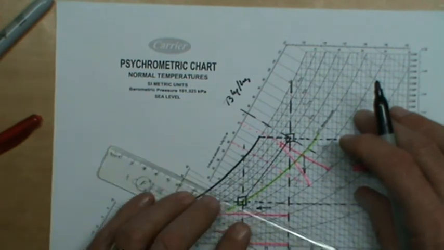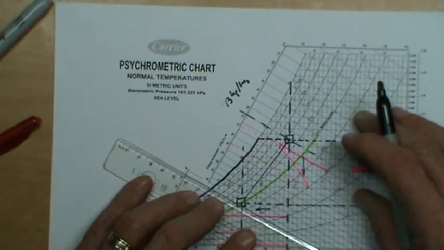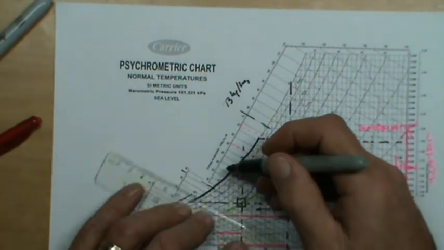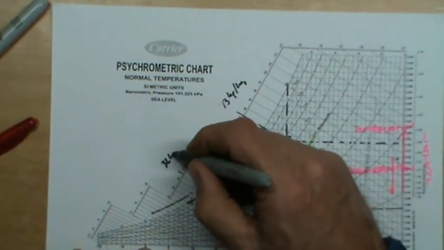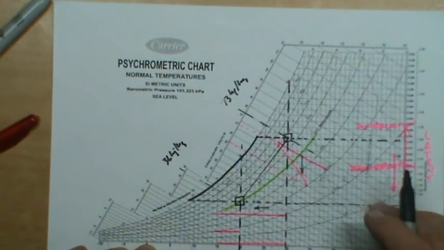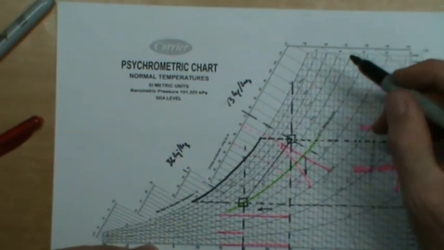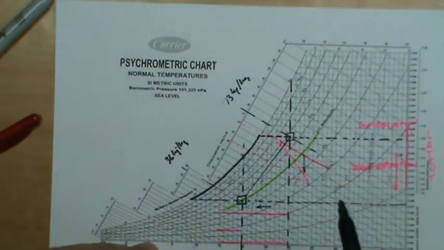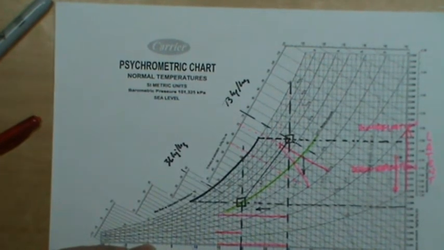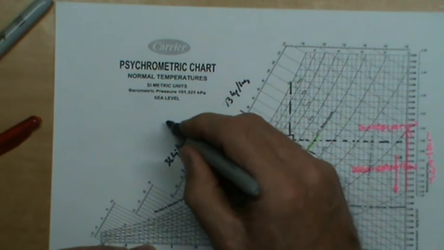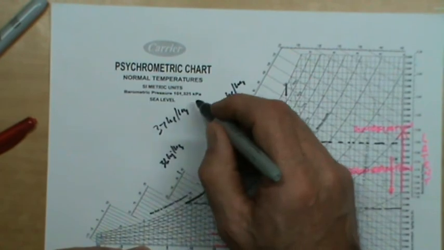And this point over here looks around about 36 kilojoules per kilogram of dry air. So if we had to say to ourselves, right, so 73 minus 36, 73 minus 36 gives us 37 kilojoules per kilogram of dry air.